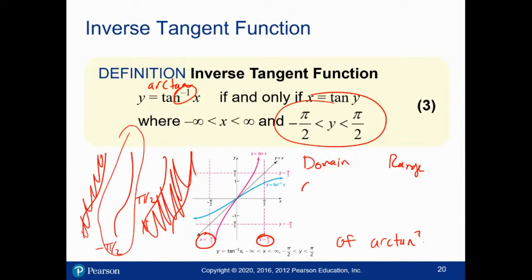So the domain of arctangent is all numbers, because the range of the tangent function on one branch is all numbers. In contrast, the range of arctangent will be the domain of the restricted tangent function, and we restricted the domain to just go from minus pi over 2 to positive pi over 2. So similar to arc sine, which only produces angles in quadrant 4 and 1, arctangent also only produces angles in quadrant 4 and quadrant 1.